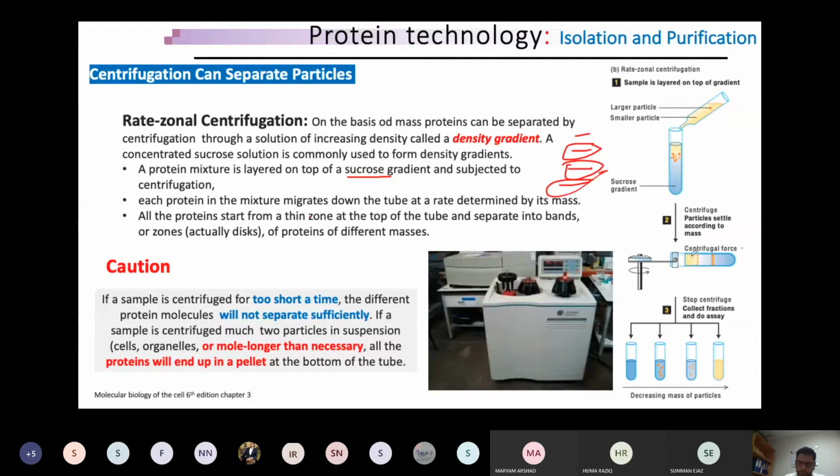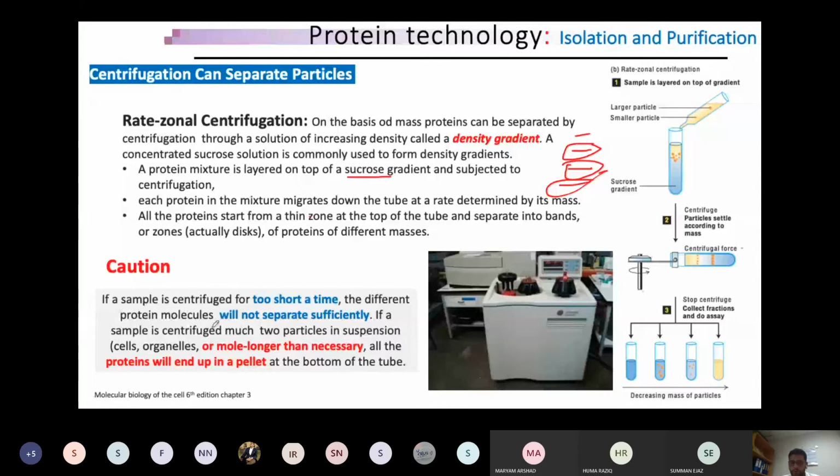You could separate all these fractions: smaller, larger proteins and the largest proteins, whatever they are, you could separate them all. So this is called rate zonal centrifugation.